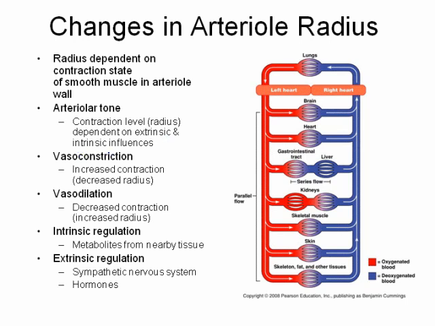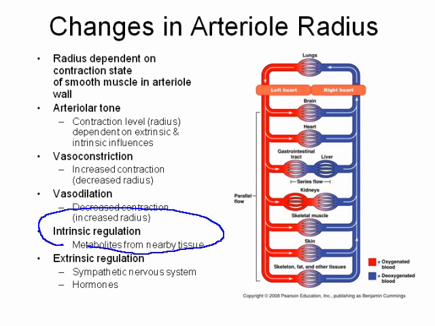And intrinsic influences are, of course, largely related to metabolites. So vasoconstriction is an increased contraction or decreased radius. We've already talked about these terms before. Vasodilation is a decreased contraction or an increased radius. Vasoconstriction increases resistance. Vasodilation decreases resistance.